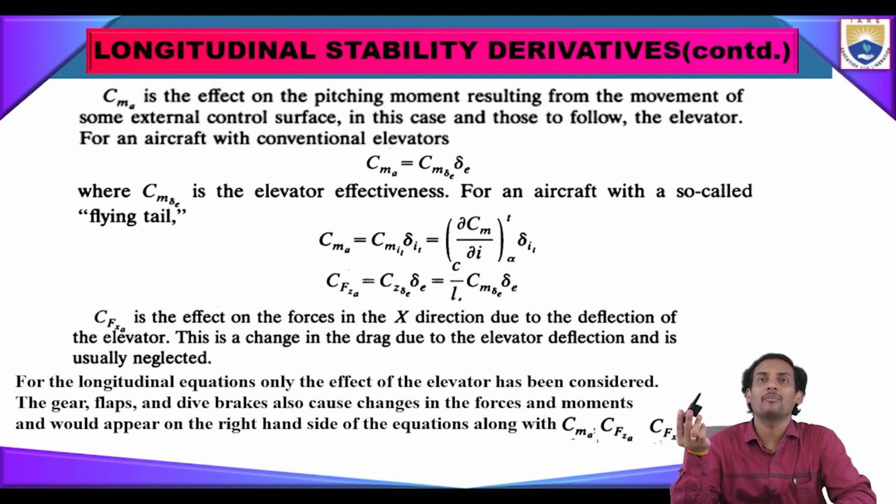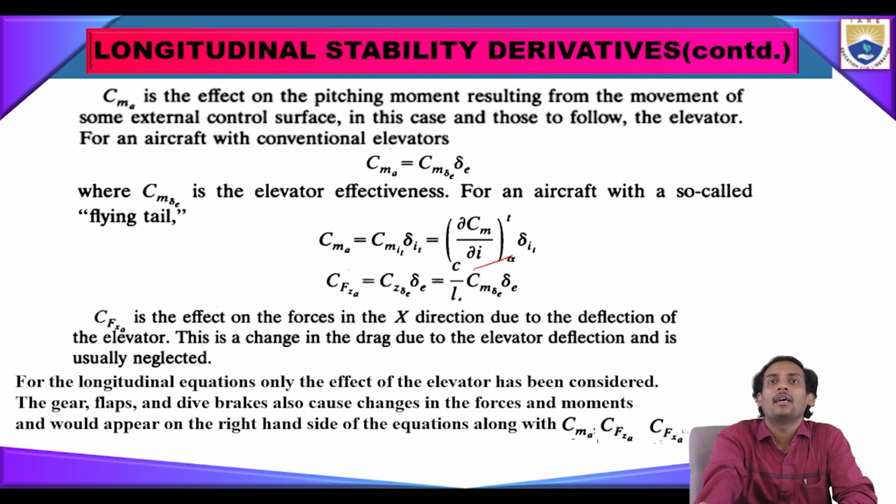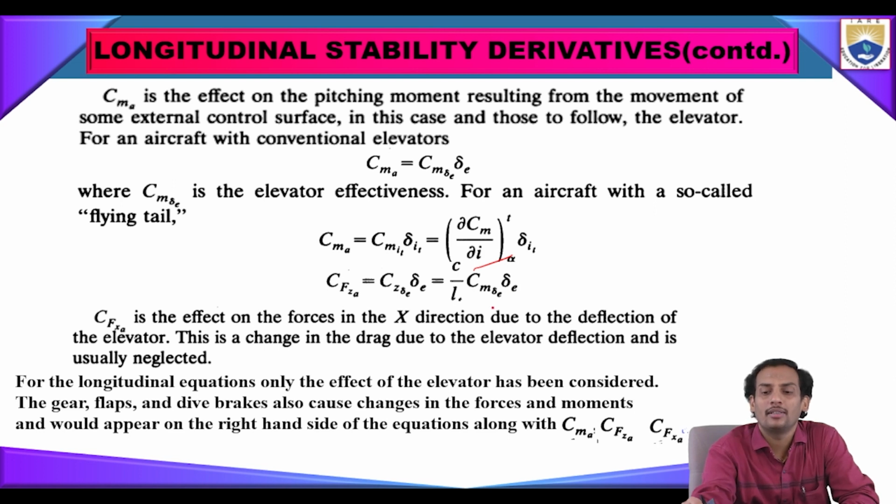Again we are making the derivation with differentiation with incidence angle Ti, and CFZA will be written as Cz delta E into delta E, and Cz delta E we can write as C by Le into Cm delta E into delta E.